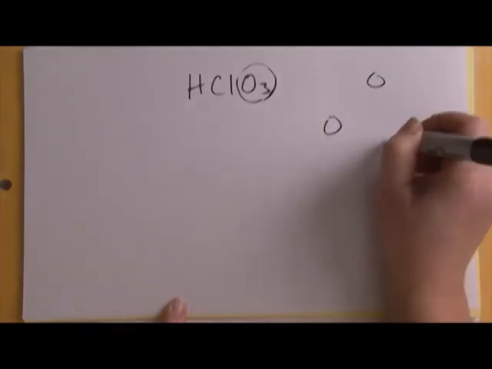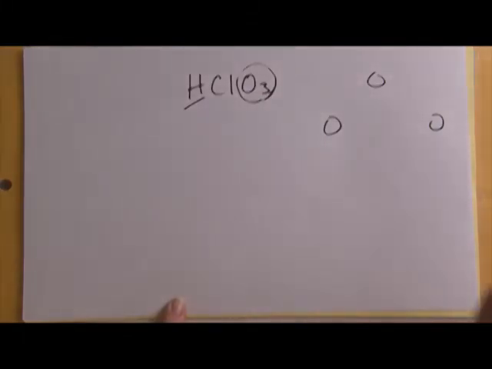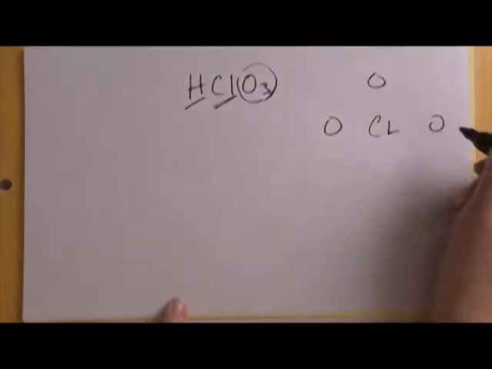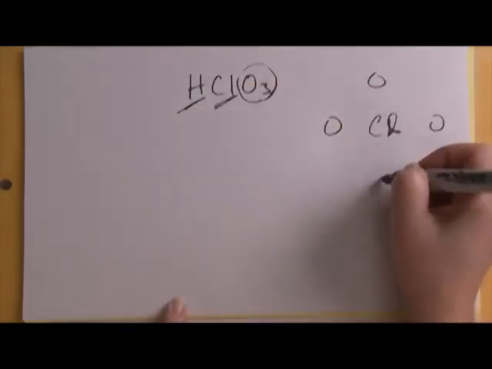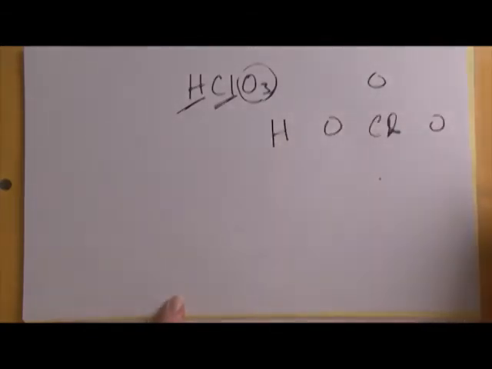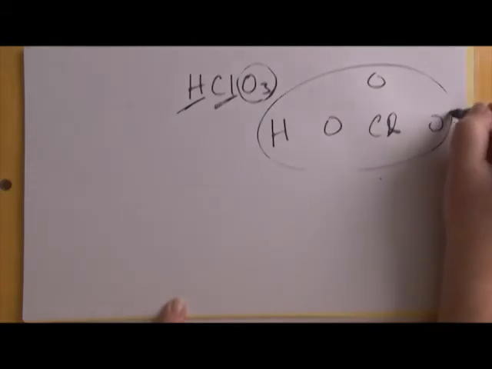So now I need to determine what's going to be here. Hydrogen only has 1 electron. He's not very good as a central, so we're going to put the chlorine there for our best guess. And now the hydrogen, it'd be pretty easy to stick him here, but that's a no-go. You want to make sure he goes to an oxygen. They like it better. So this is going to be our best guess that we're going to start with.